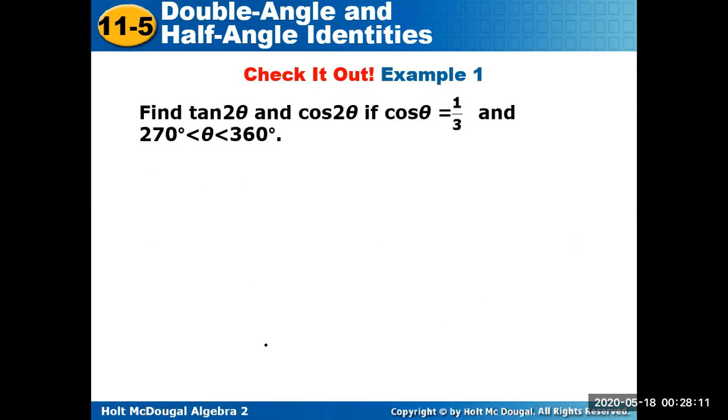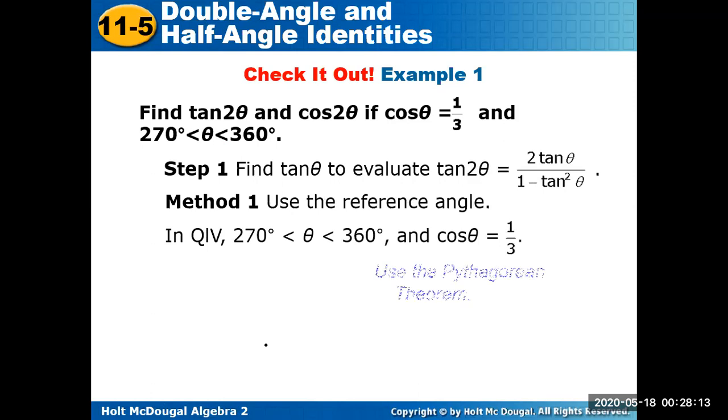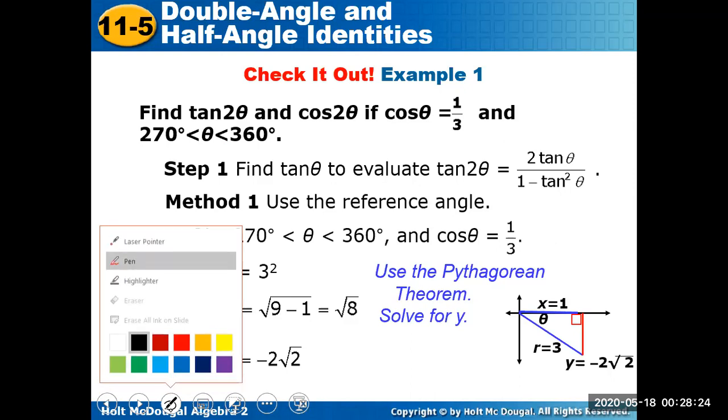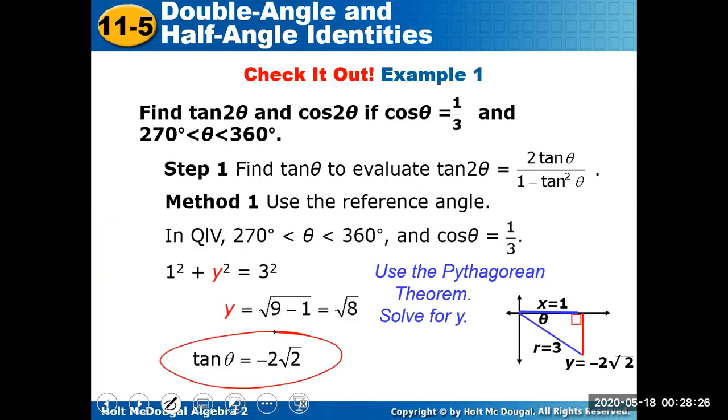So that is using the formula method. Even using the triangle method, you will get the same answer. Tan theta is, as you can see, written minus 2 root 2. So it's the same value.